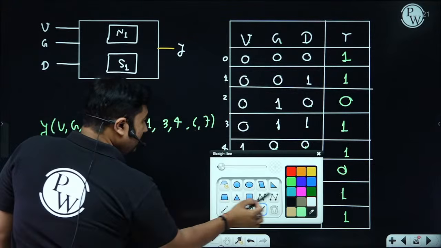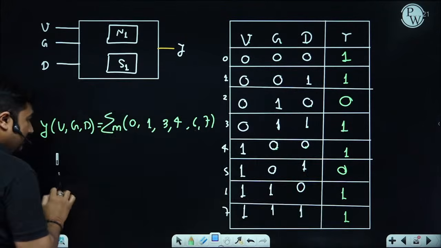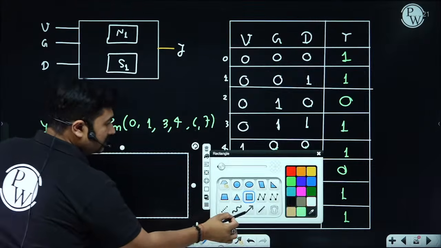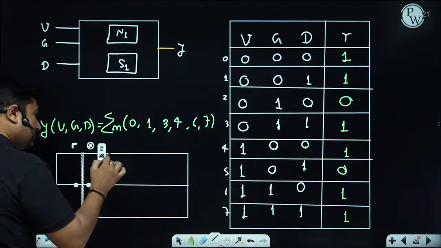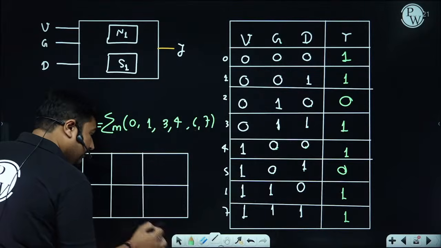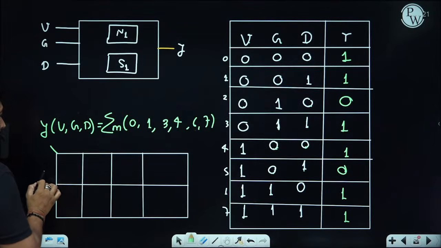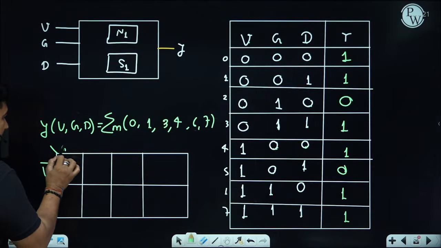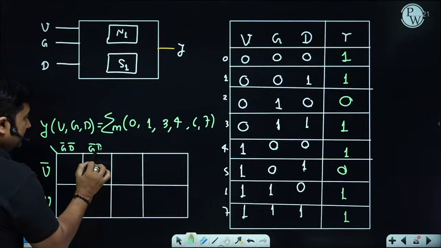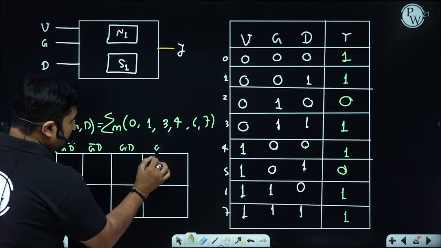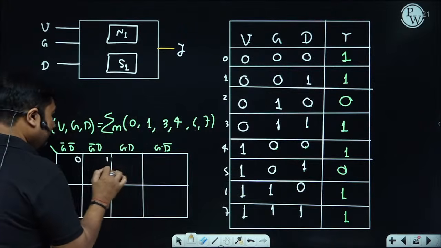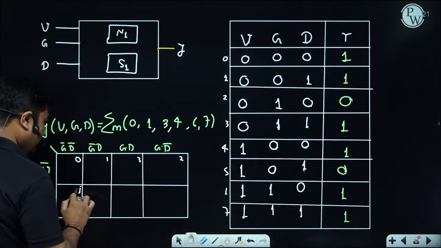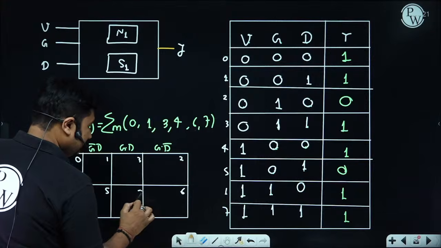So before implementing the circuit, it would be better to minimize the logical expression. So how to minimize the logical expression? Very important: always before implementing any logic circuit, we must do the minimization. So we have V bar, V, G bar D bar, G bar D, G D and G D bar, numbered 0, 1, 2, 3, 4, 5, 6 and 7.